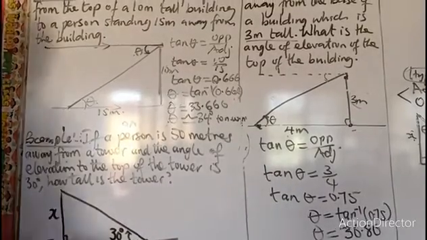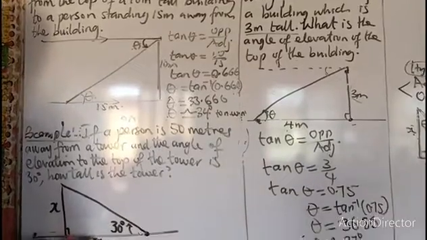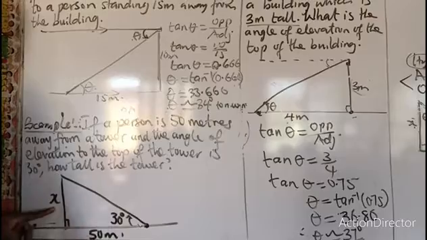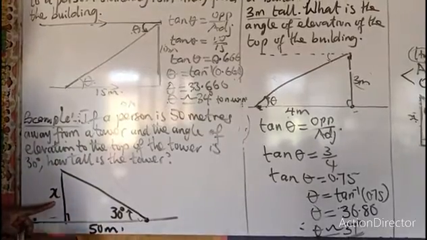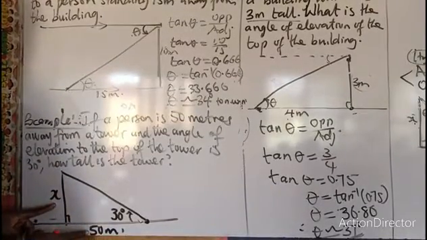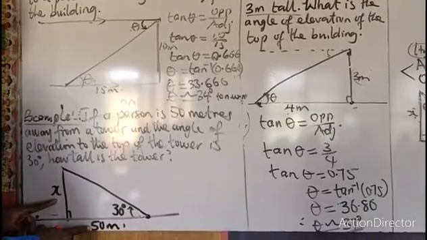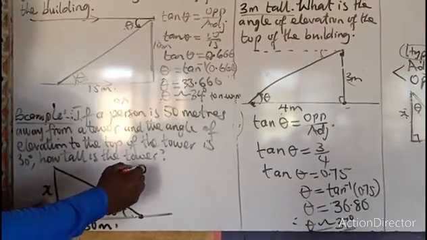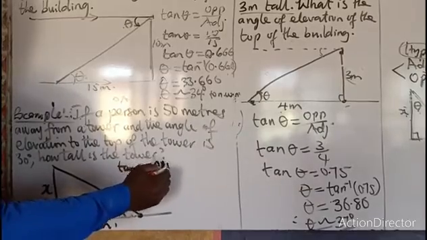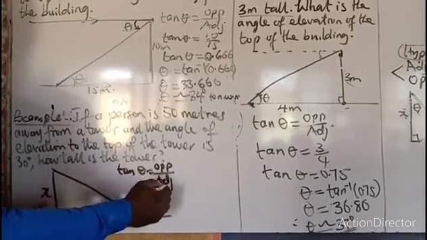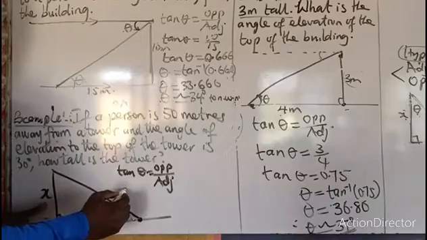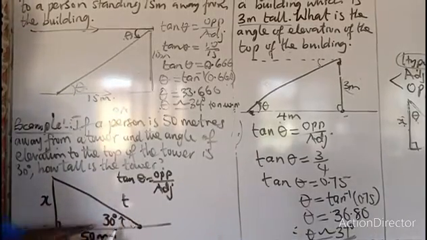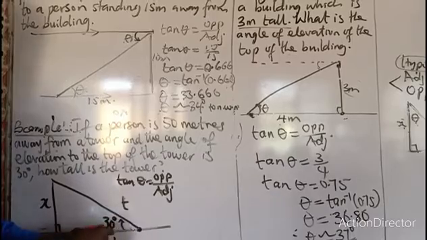So we can now find it. We have our angle, then we have 50. We are looking for X. What is X to 30? What is 50 to 30? So opposite and adjacent, which one is that? Tan. So we say tan theta equals opposite over adjacent. Theta is already given, theta is 30.